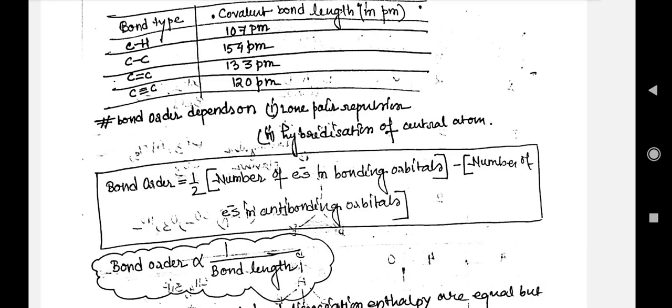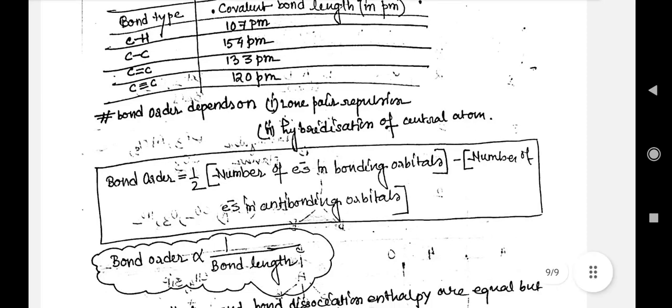The formula was not correct, so rectify it: bond order equals half of the number of electrons in bonding orbitals minus half of the number of electrons in antibonding orbitals. Otherwise, bond order equals the number of electrons in bonding minus antibonding orbitals, that whole inside a bracket, then into half.